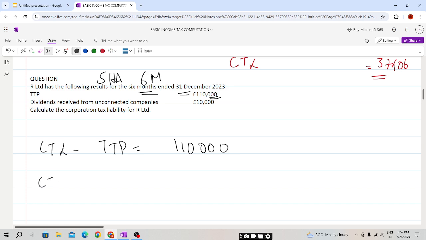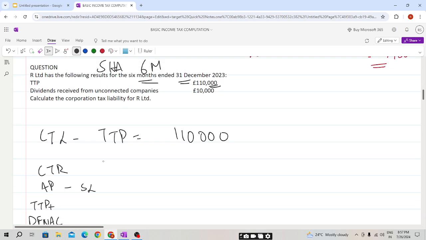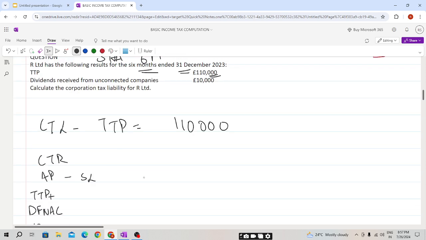So corporation tax rate, we need to compare augmented profits with the statutory limits. So augmented profit will be TTP plus dividend from non-associated companies. So our augmented profit will be 120,000. Now students, the upper and lower limit needs to be apportioned because it is a short accounting period.